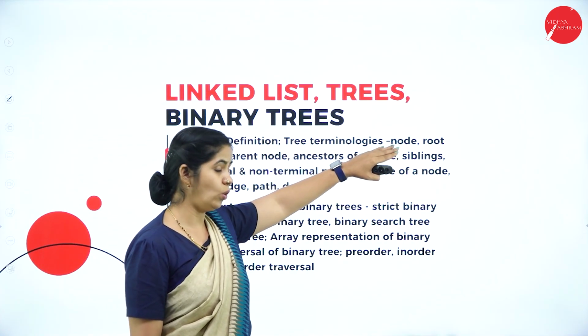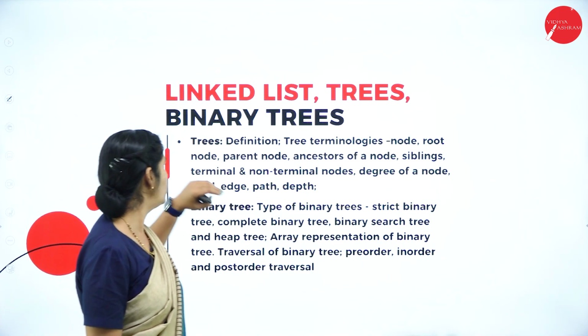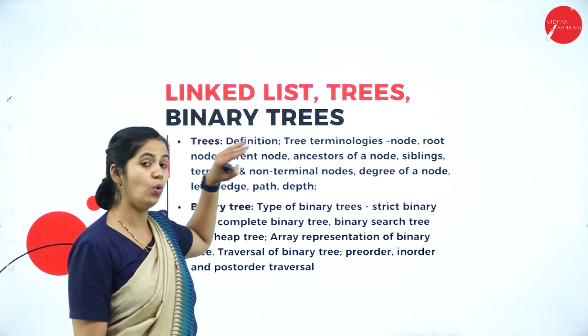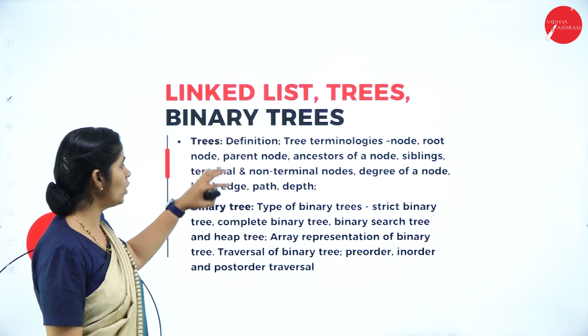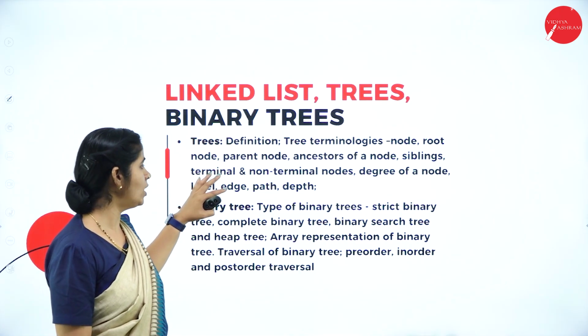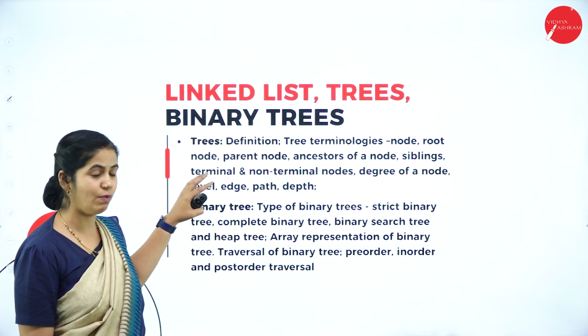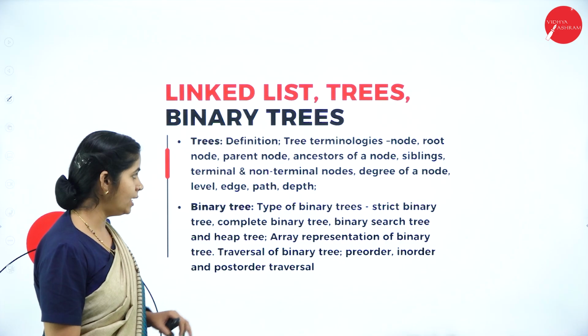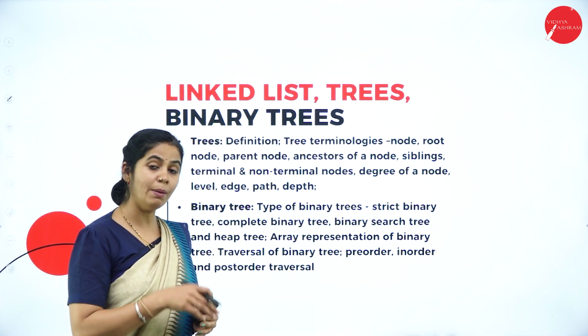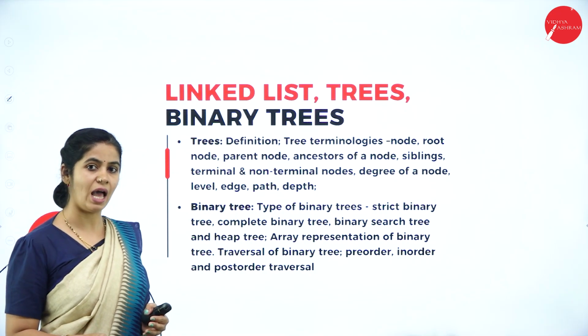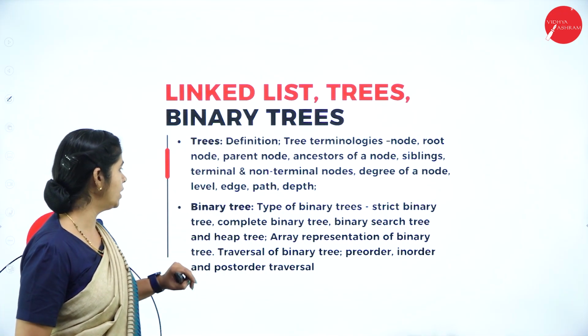That is node, what is root node, what is parent node, who are the ancestors and who are the siblings. These are some of the terminologies we are going to deal with in trees. Degree of the node, depth, how long it is, and path of the node, how it is traversing. That all comes under tree.